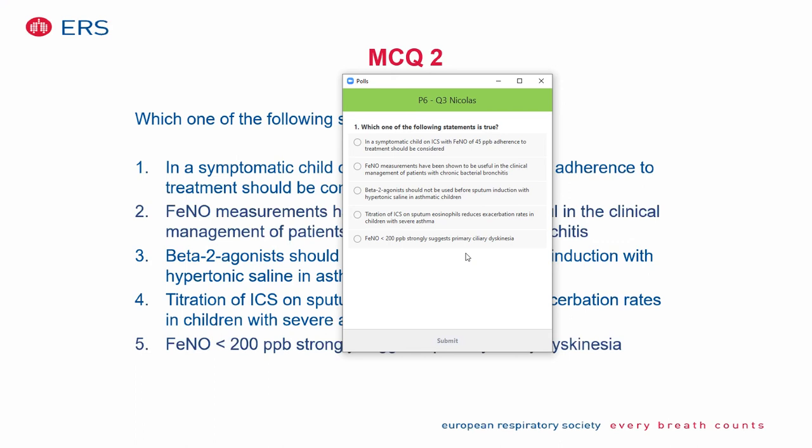Or three, beta-2 agonists should not be used before sputum induction with hypertonic saline in asthmatic children. Or four, titration of ICS on sputum eosinophils reduces exacerbation rates in children with severe asthma. Or five, FeNO less than 200 ppb strongly suggests primary ciliary dyskinesia. So please vote.